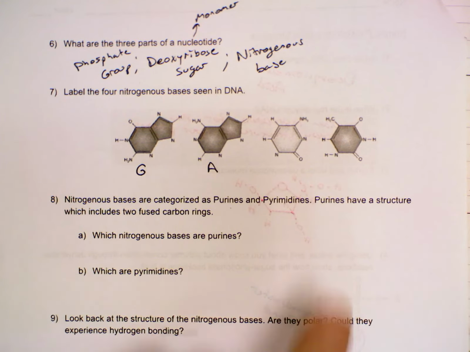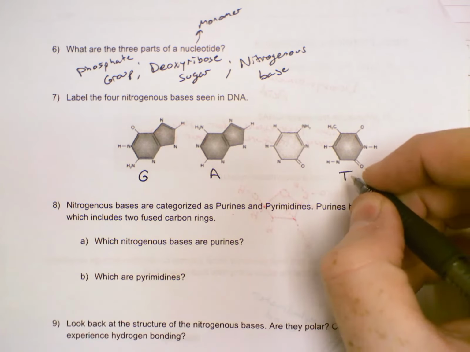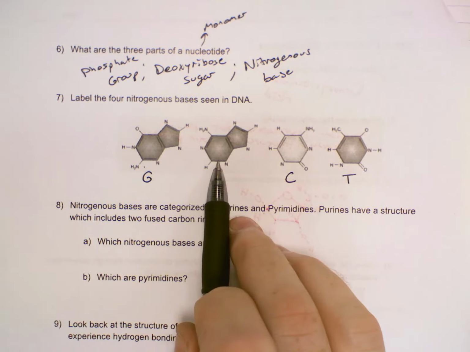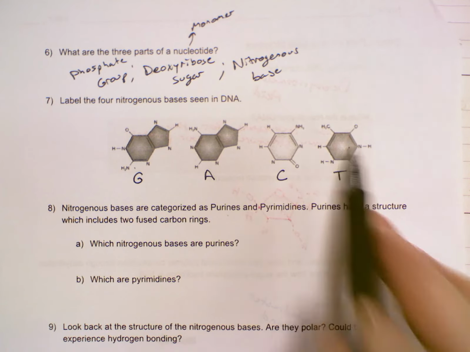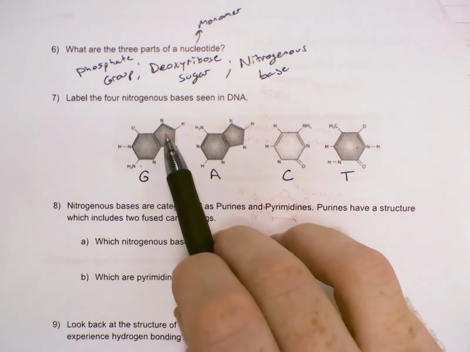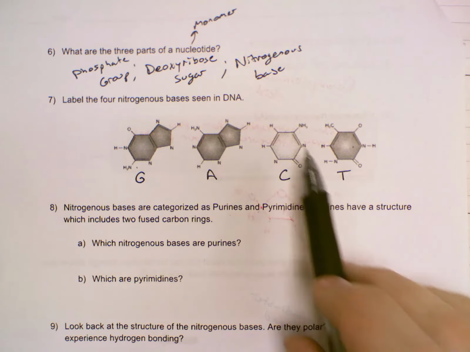Okay, and then if we compare these, the thymine has the 2 oxygens. Okay, so guanine, adenine, cytosine, and thymine. So what is the most obvious difference between them? Well, what you see is that the G's and the A's are 2 fused rings, whereas the C's and T's are only made up of 1 ring.